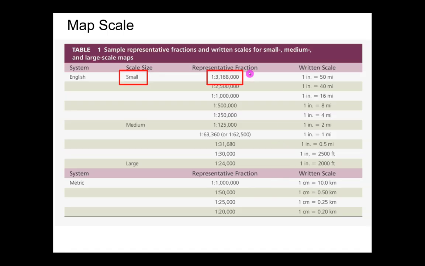Small scale, the larger the denominator, the smaller the scale. Large scale, 1 to 24,000. That's the scale that the entire United States, or at least the lower 48 states, has been mapped at with topographic maps, 1 to 24,000. All right, so there's the representative fraction, and here's a written scale.